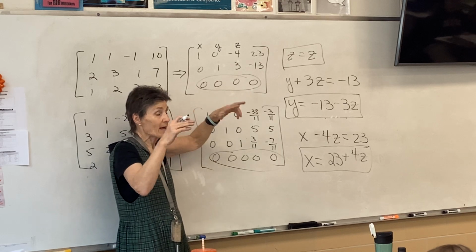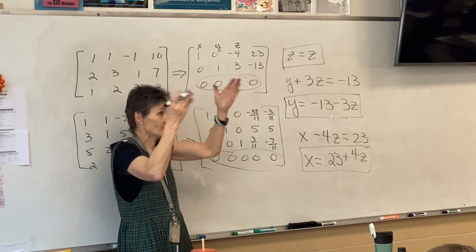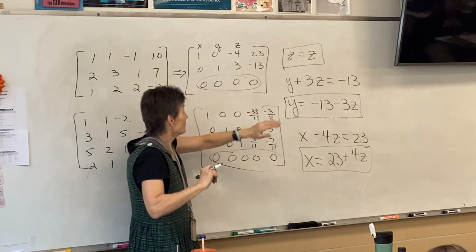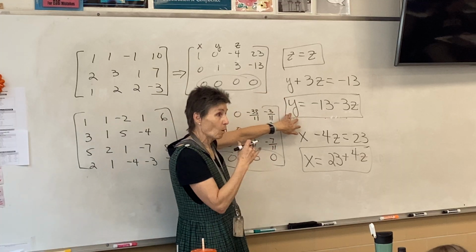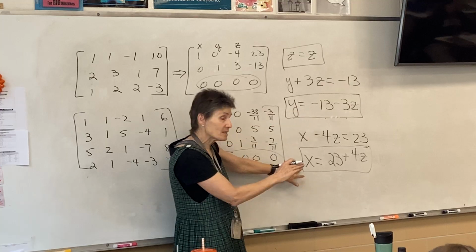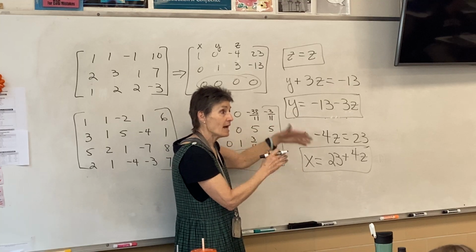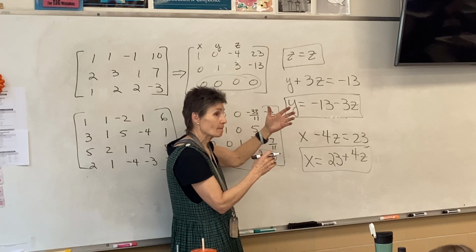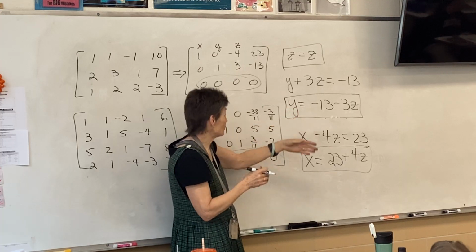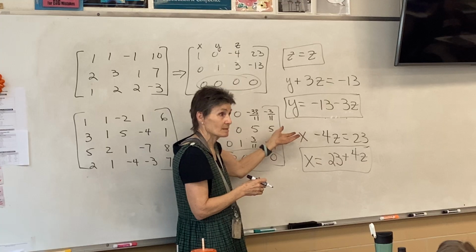That means I have what we call a parametric solution. I have Z equals Z. Then I solve for Y, get Y by itself, get X by itself. And now, if I pick a Z value, I can find a matching Y and X.